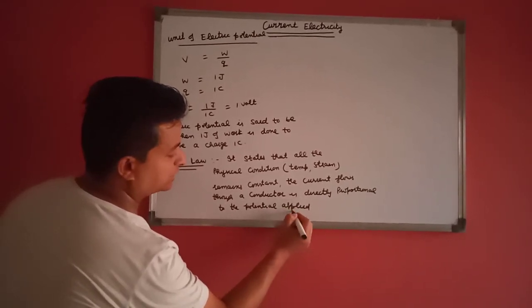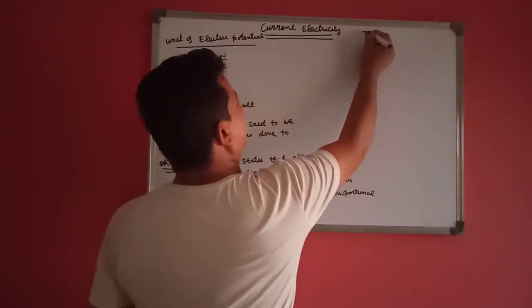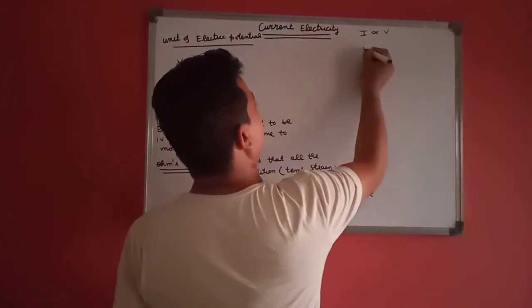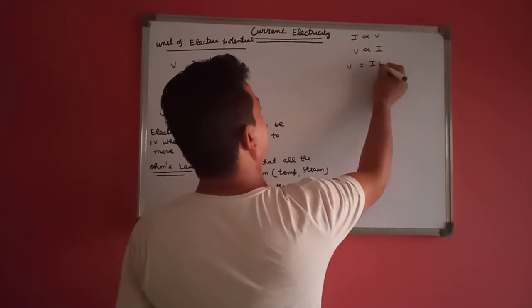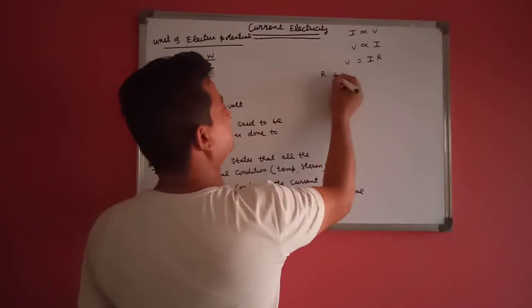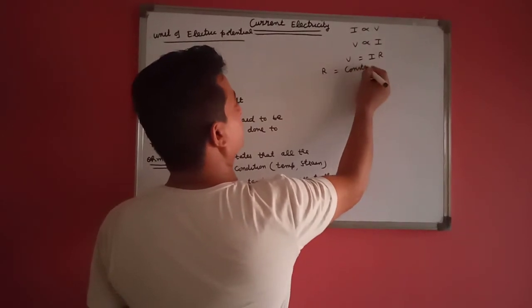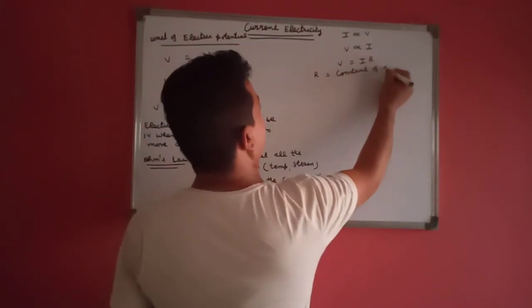This is the definition of Ohm's law, in which I is directly proportional to V, or V is proportional to I. That's V equals IR, where R is the constant of proportionality.